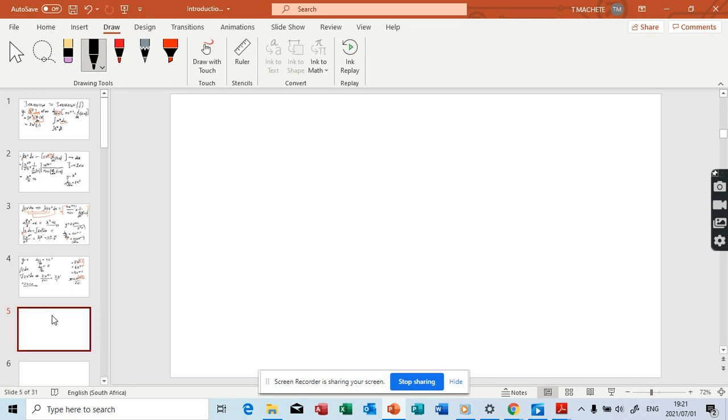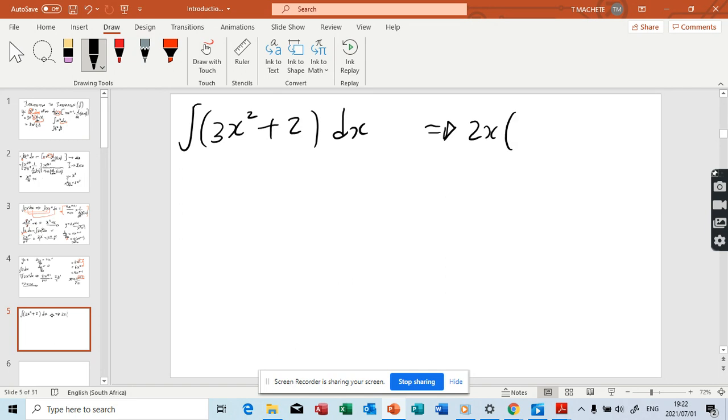For the next example, guys, let's say you've got 3x squared plus 2, and then they say dx. If you've got something like this, let's say it's the same as 2x into 3x squared plus 2, and on this side, let's say you multiply it by 3.